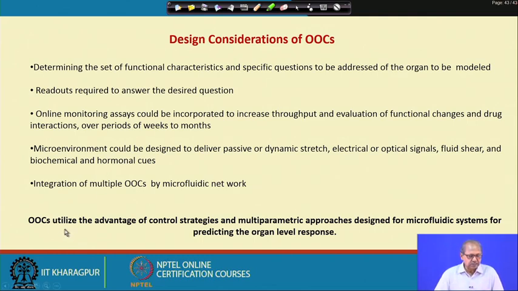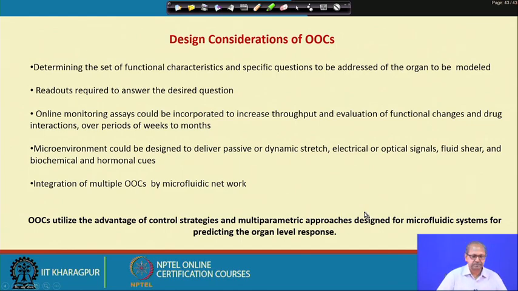Organ on chip utilizes control strategies and multiparametric approaches designed for microfluidic systems for predicting organ level response.